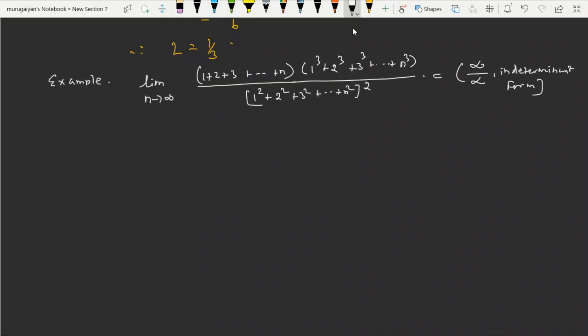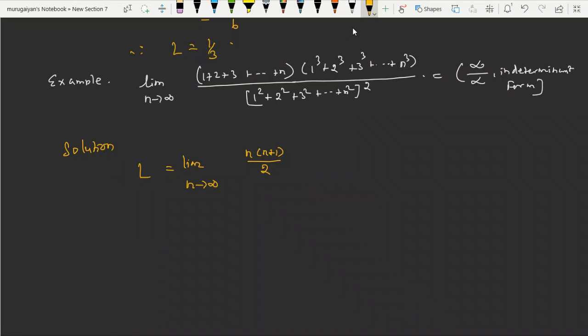So to avoid indeterminate form, I'll do straight away a limit. L equal to limit n approaches infinity, 1 plus 2 plus 3 up to n, into n plus 1 by 2.